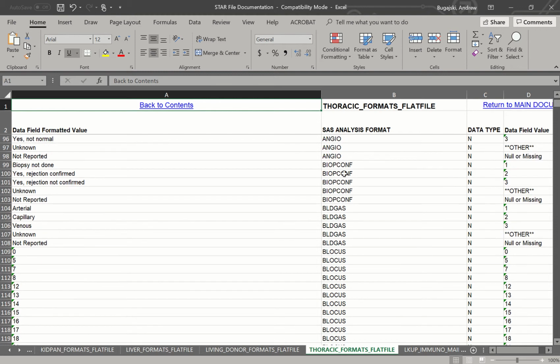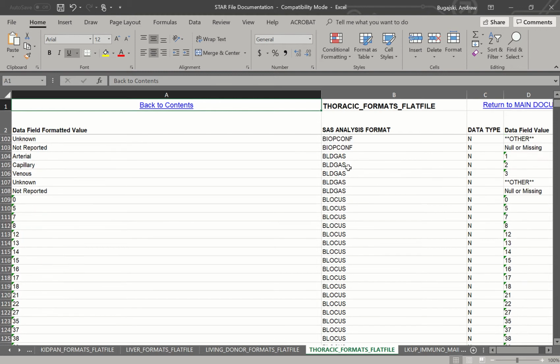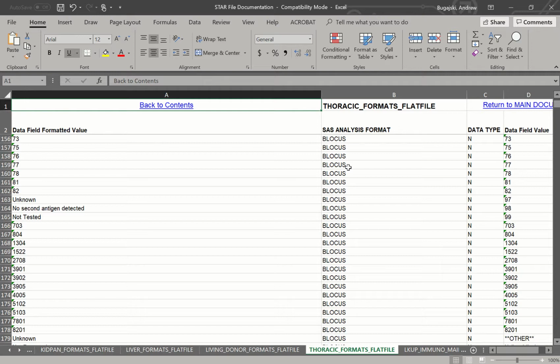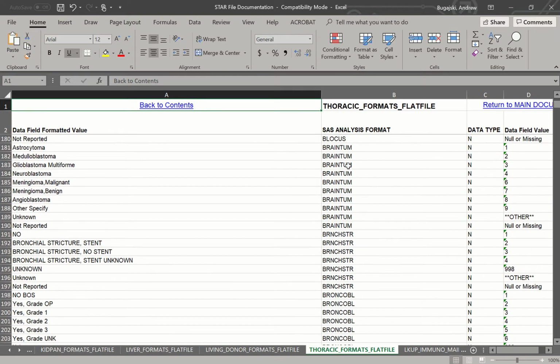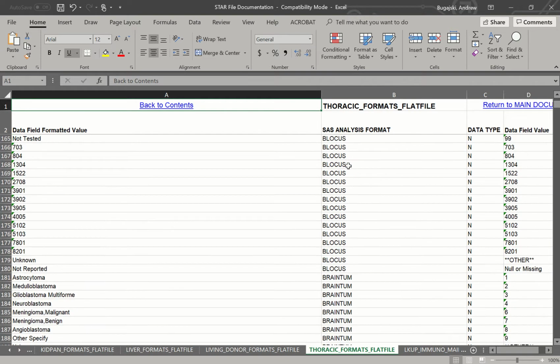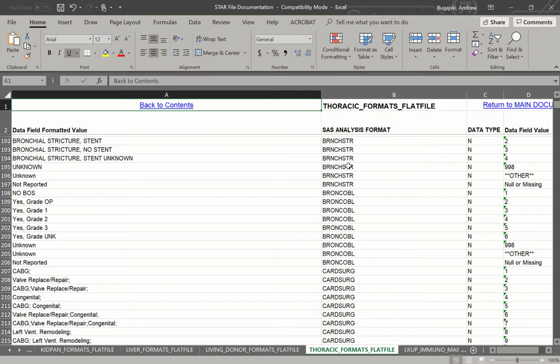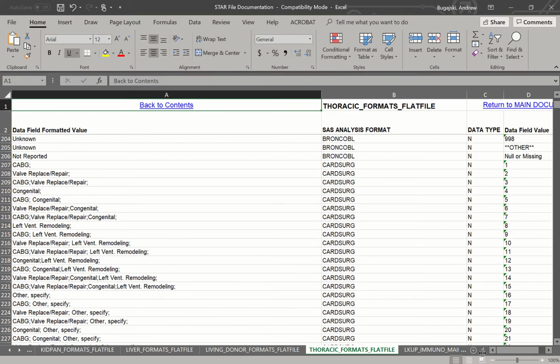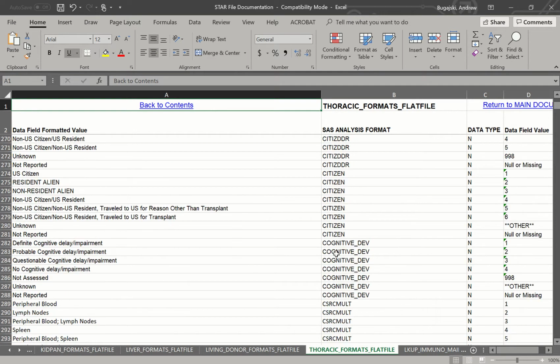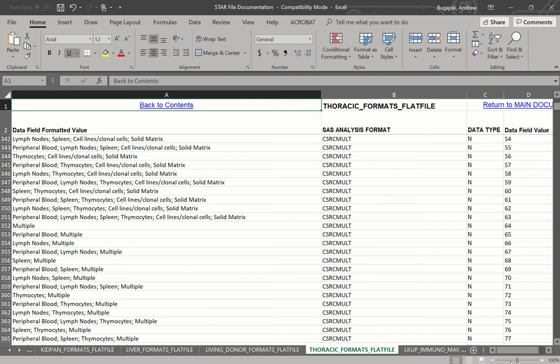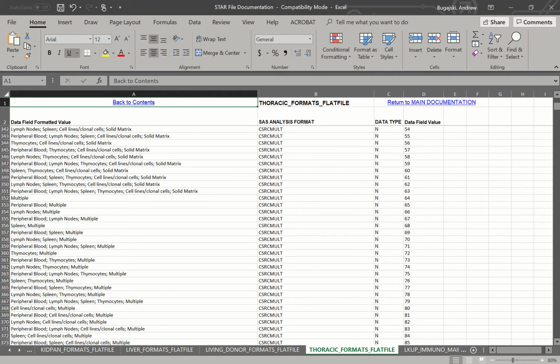So here, this is biopsy, this is blood, this is something like that. So what does it mean? We're past our B's for blood infection, right? So where do we find this?